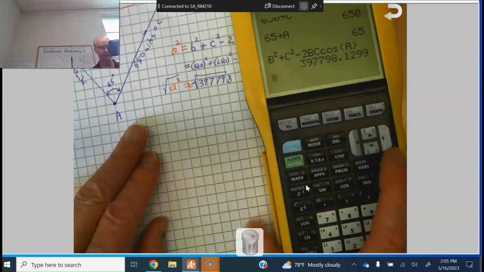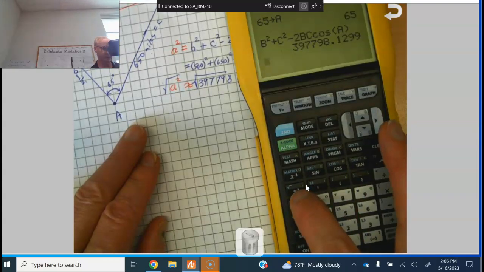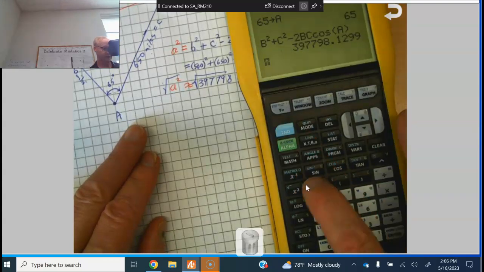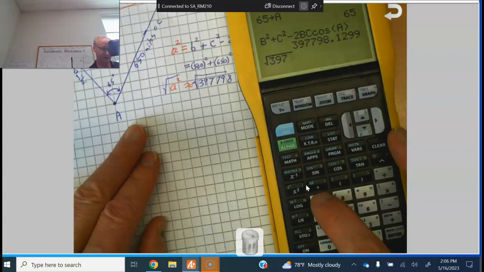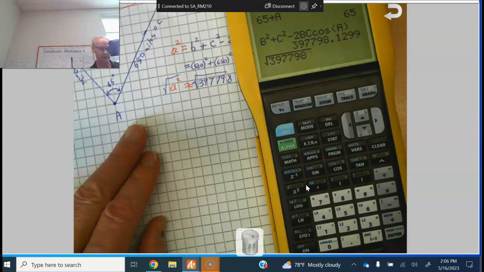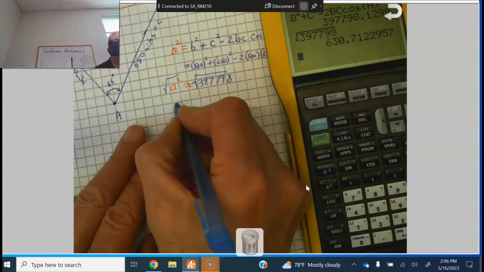Two ways to do the square root. You can use the square root key, which is above the x squared. So I can press second square root, 397,798. And I get about 630, my answer.